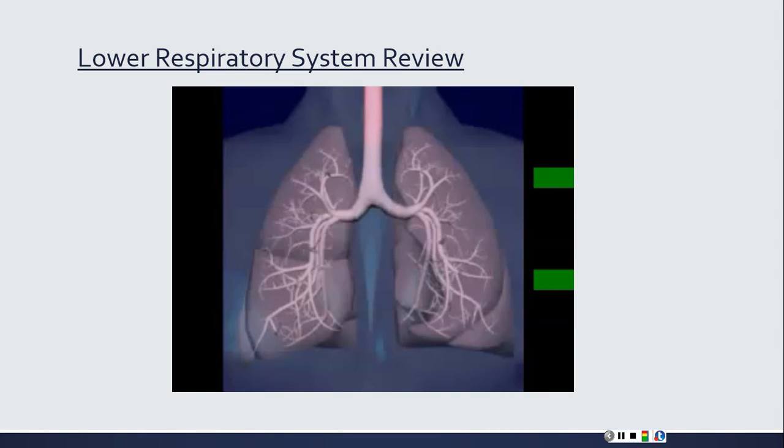Just a quick rundown. What are the components of the lower respiratory system? The lungs first and foremost, right? So we've got our lungs. How many lungs we got? There you go.